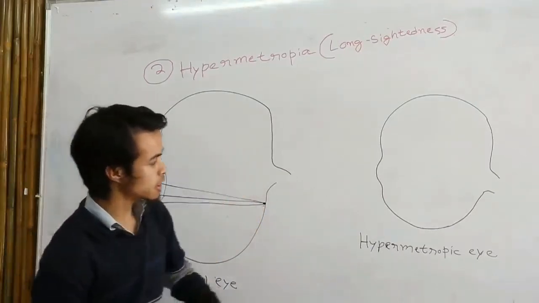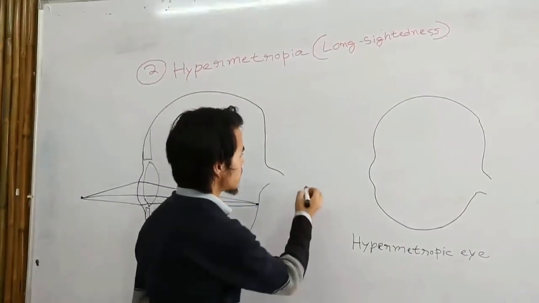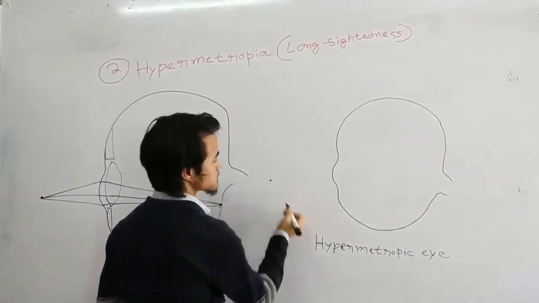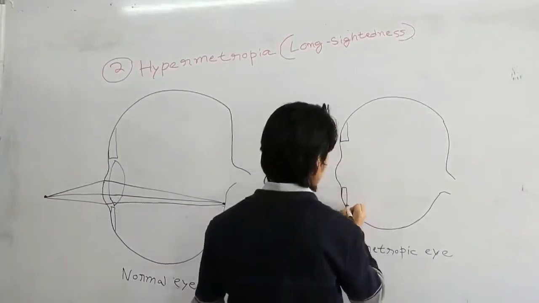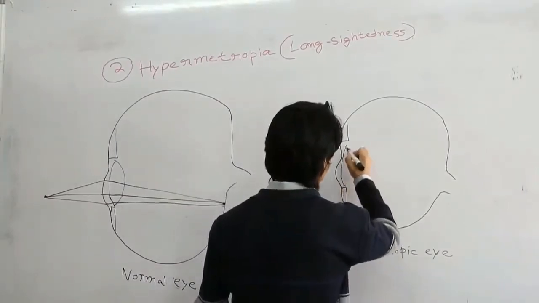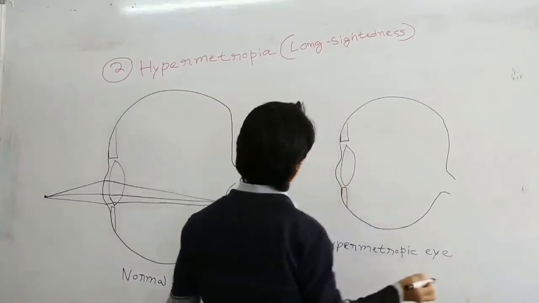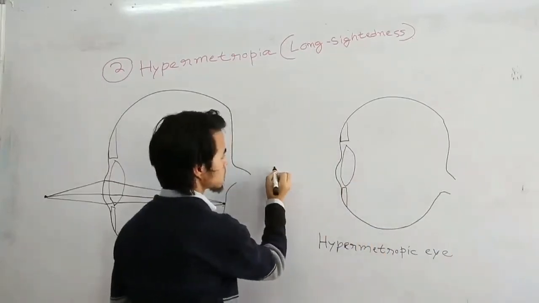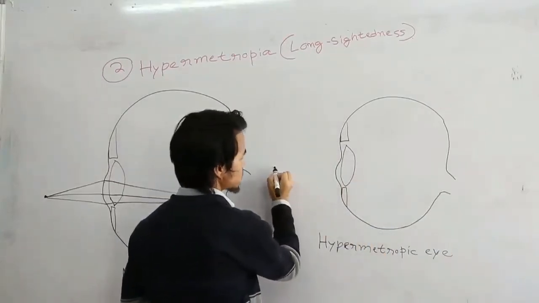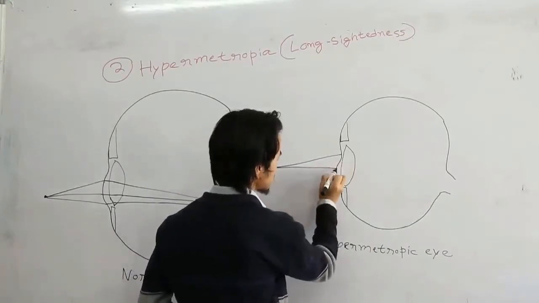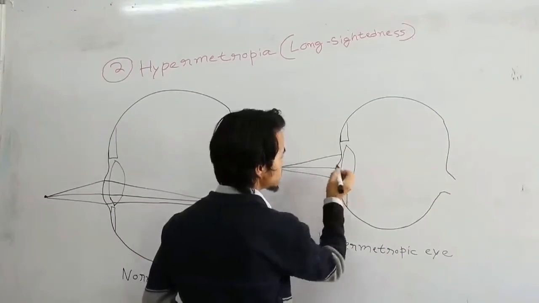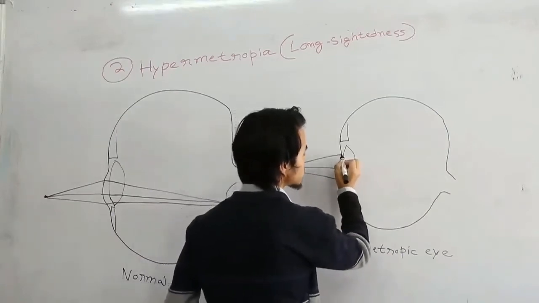But in a hypermetropic eye, if we have an object which is near, and suppose we have the crystalline lens somewhere here, when the light rays come from the object and enter the cornea, they get bent.